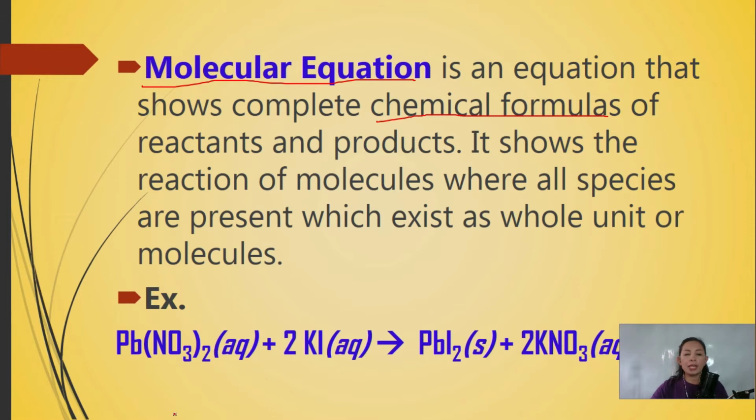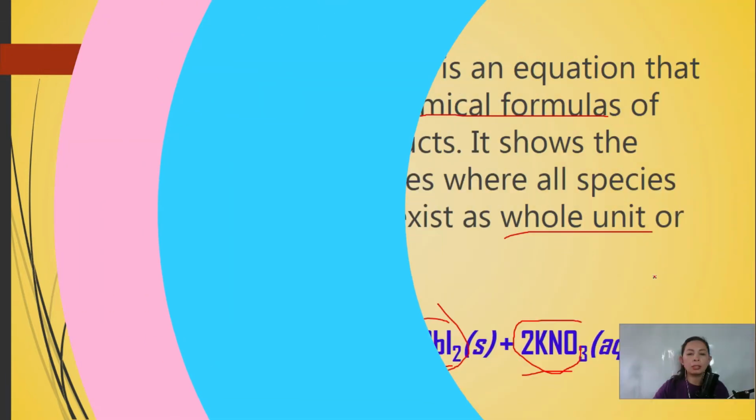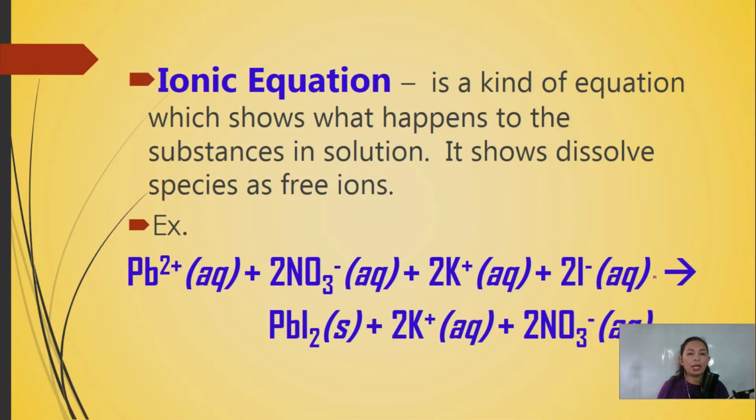So we have here an example, again our example before: lead(II) nitrate and potassium iodide producing lead(II) iodide and potassium nitrate. As you can see, we have here chemical formulas and they exist as whole units. That is a molecular equation. What about the ionic equation?